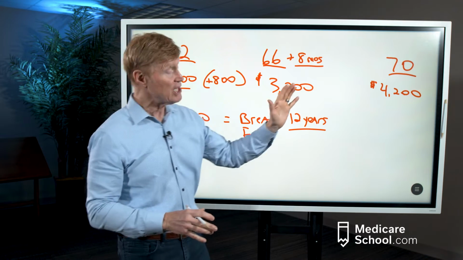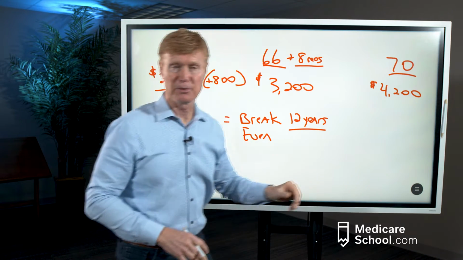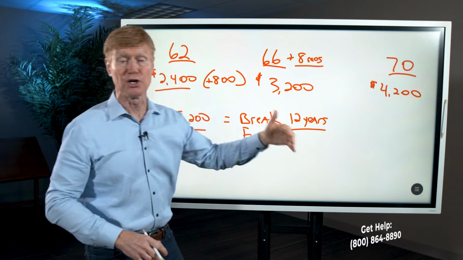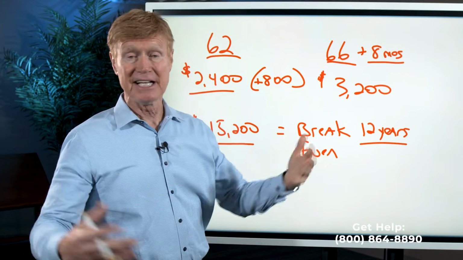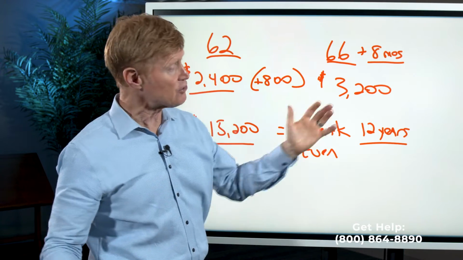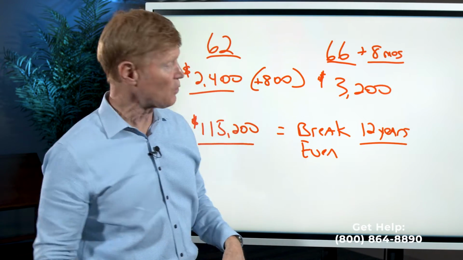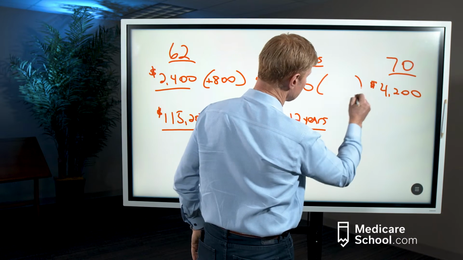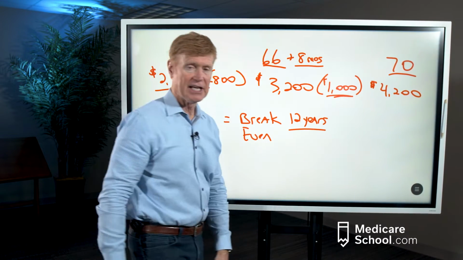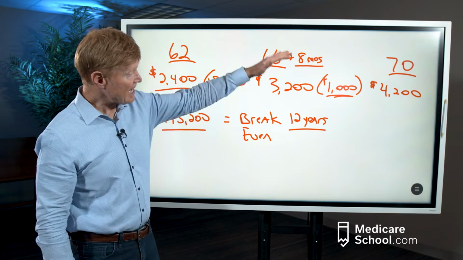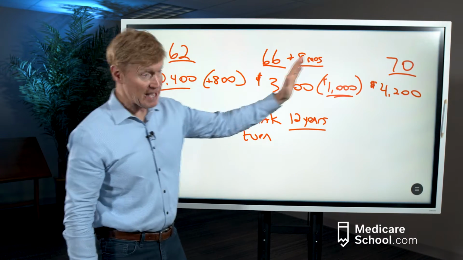Now let's suppose someone continues to delay beyond full retirement age and they're letting this account grow. These are called delayed retirement credits, and now that account is growing 8% every single year. And so now we've grown it to, in my example, $4,200. So what's happened? We've grown that account an additional $1,000 a month. But what happened? Well, we didn't have this cash flow for that period of time.